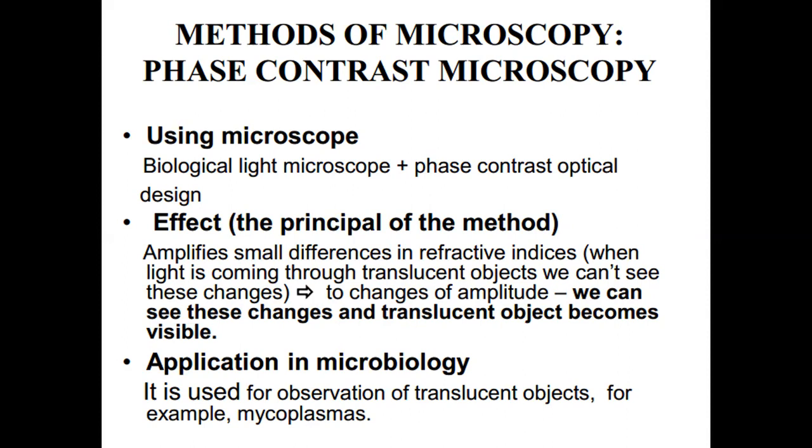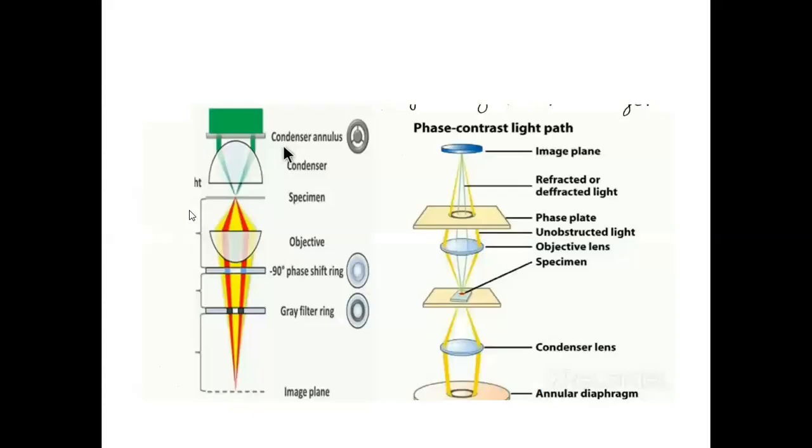In this process, we change the amplitude. We can see the changes and the transparent object becomes visible. This type of microscopy can be used for observation of transparent objects.